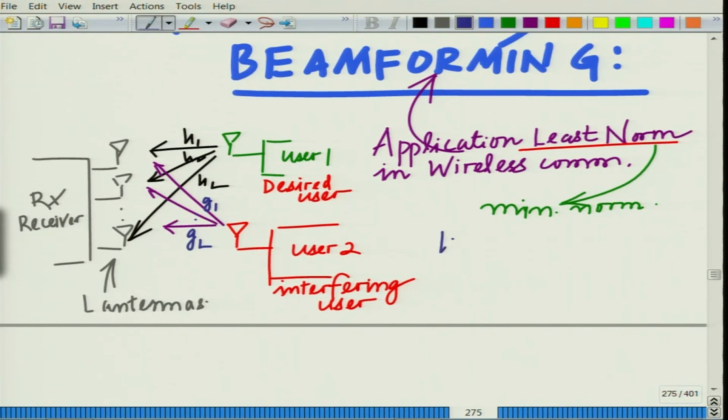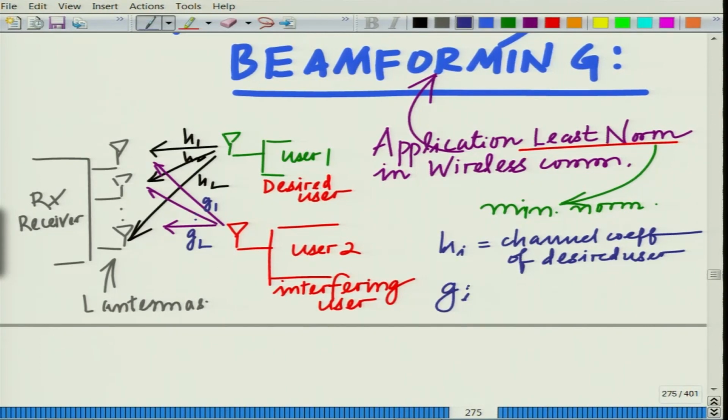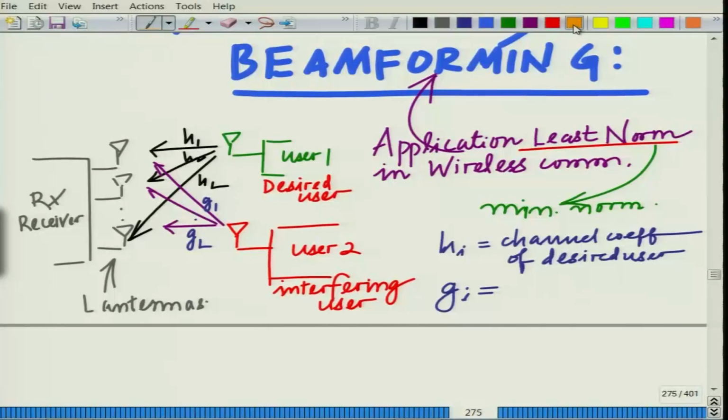So, hi equals the channel coefficient between the desired user and antenna i of the receiver, and similarly gi is the channel coefficient between the interfering user and antenna i of the receiver.